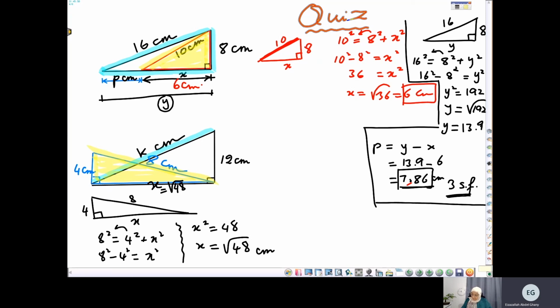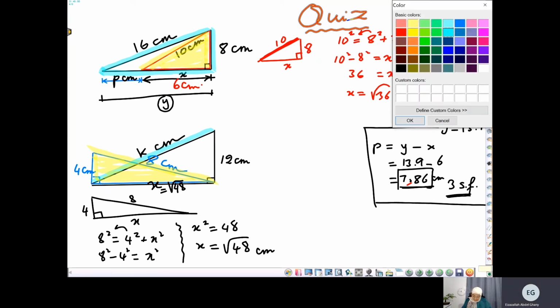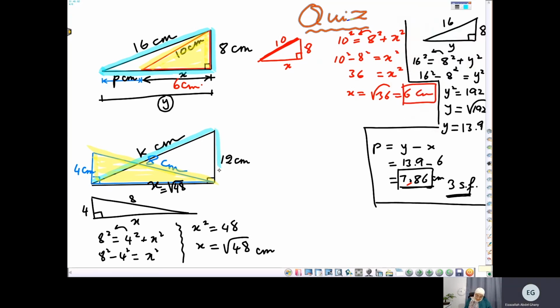The last step will extract this blue triangle. Remember, I'm surrounding it in blue highlighter to concentrate that I'm using the right angle. Here is all the information. It is k, the hypotenuse, and this height is 12, and the base is square root of 48, and it's still on the calculator.